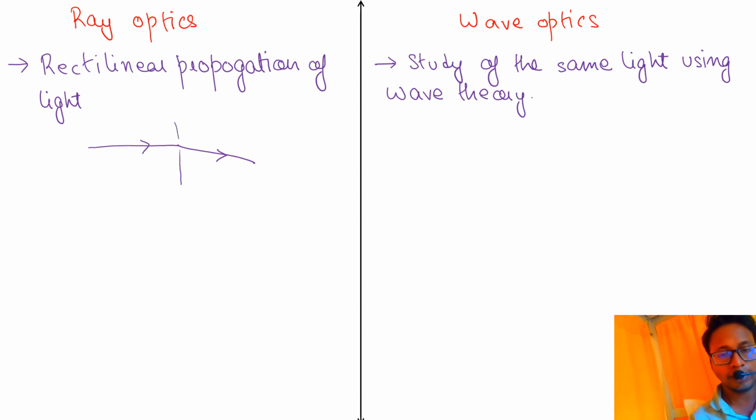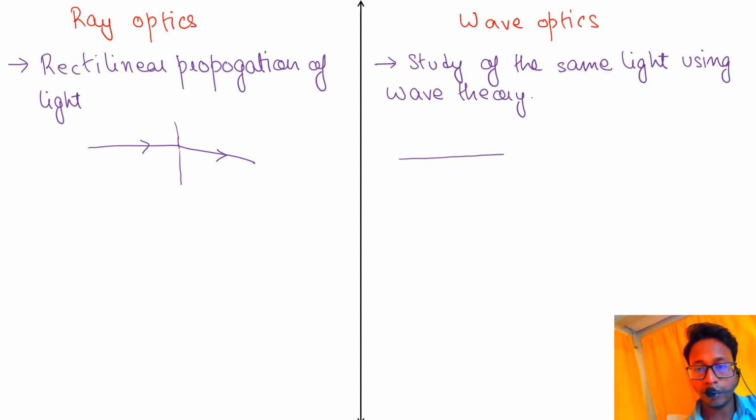Okay, medium, interacting medium. In wave optics, the light is assumed to be a wave, an electromagnetic wave.